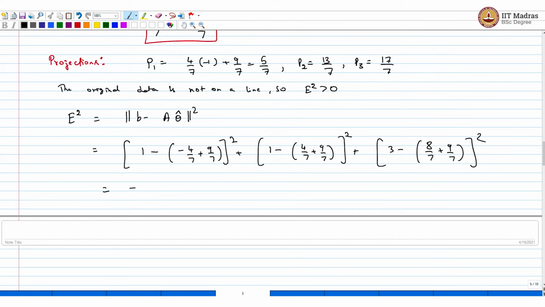And this whole thing turns out to be minus 2 by 7. Let me calculate the E. Okay, I want to write this as E. E is minus 2 by 7, because I want to find the projection, minus 6 by 7 and 4 by 7. That is your vector E.